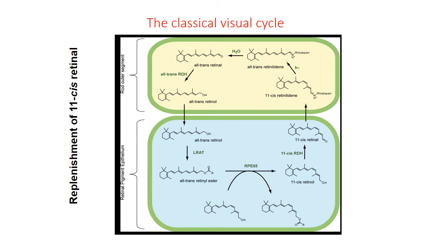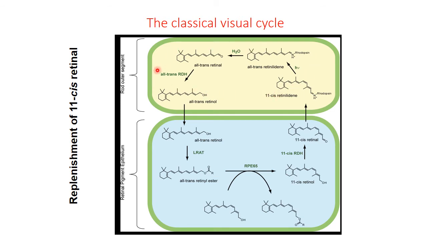As we said before, if you move from a very bright environment to a very dark environment, it takes several minutes to restore the light sensitivity of your photoreceptors, and that has to do with this visual cycle.